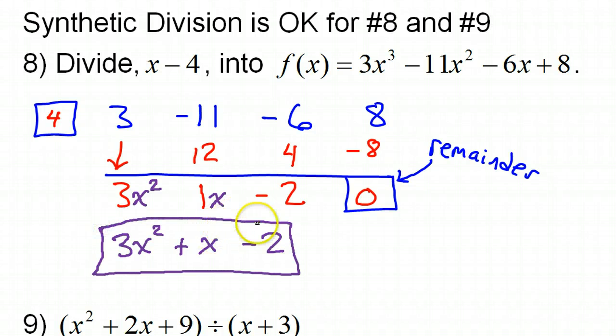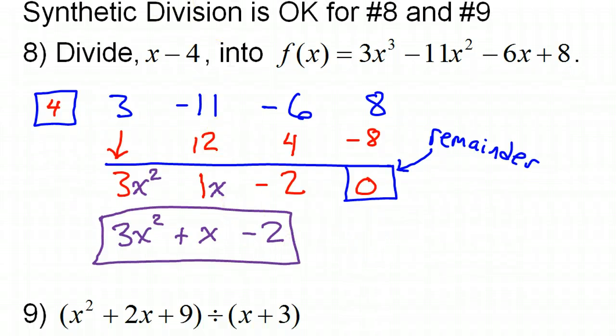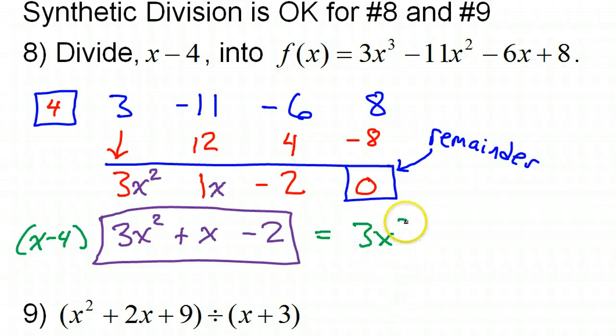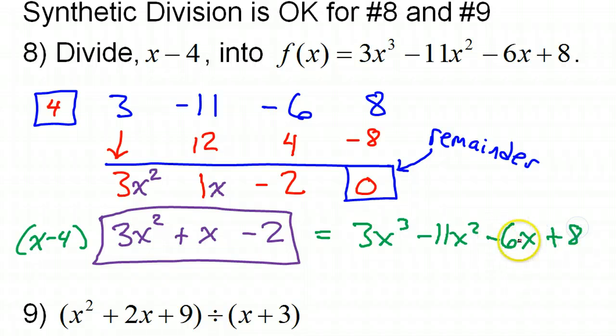Now, let me mention one more time, since we had no remainder, that means this divided evenly into this polynomial. So that means we have factored once again. If I were to multiply the thing I divided by, x minus 4, times this trinomial that we just got, that should get us back to the original problem: x to the third power minus 11x squared minus 6x plus 8.